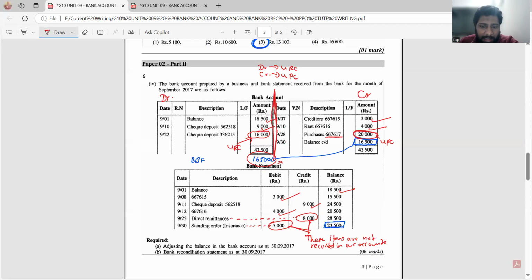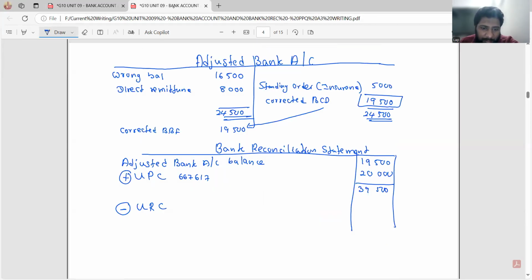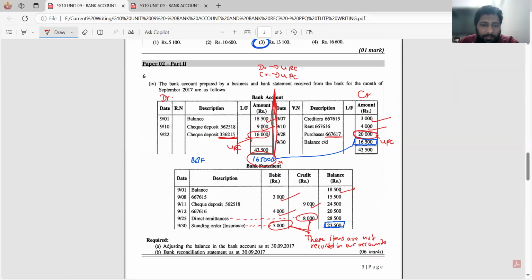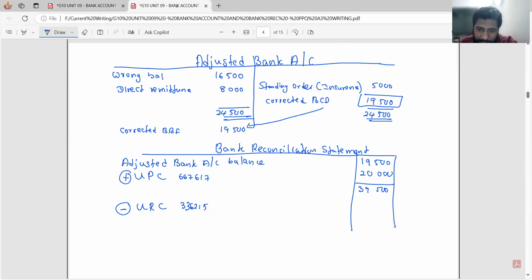And we had unrealized checks. Check 336,215. What is the amount? 16,000. Then here we are getting a balance of 23,500.